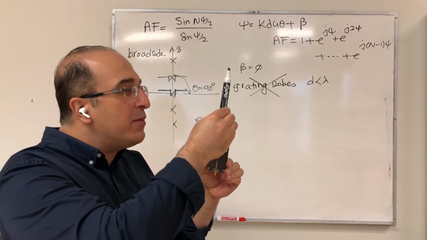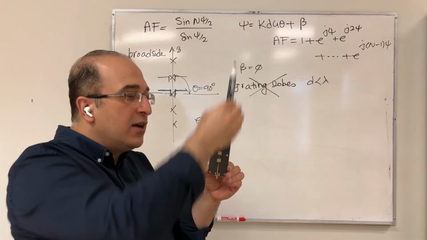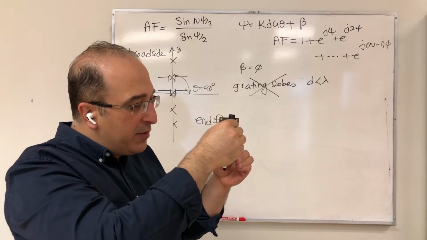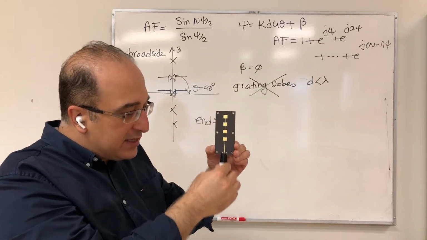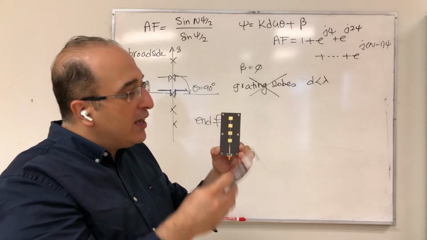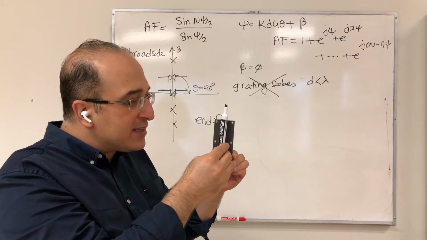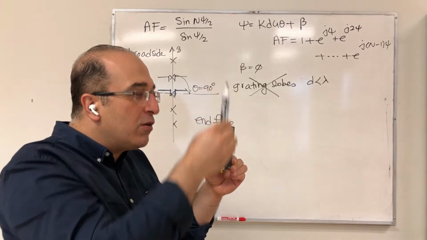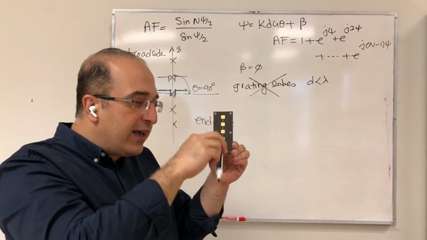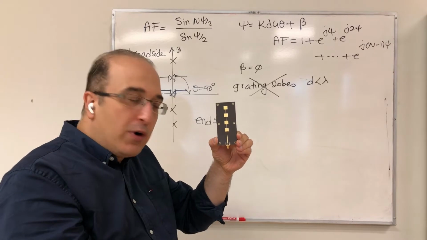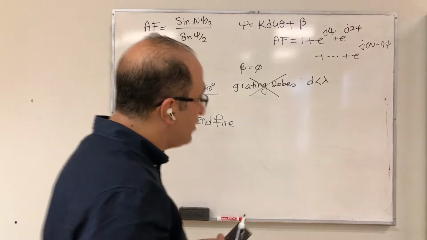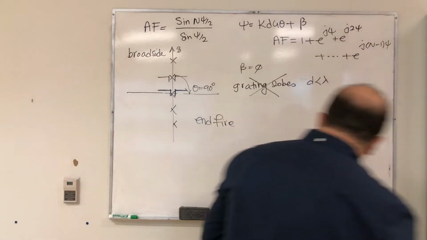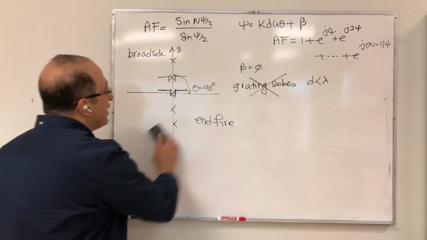So this is the axis of the array, and I want the main beam, let's say, in this direction. Or maybe this direction, this is also the axis, of course. If I take this to be the Z axis, I want my main beam to be either along theta equals 0 or theta equals 180, so downward.